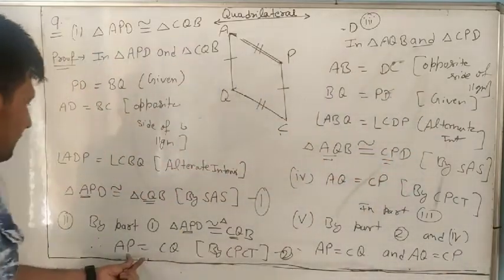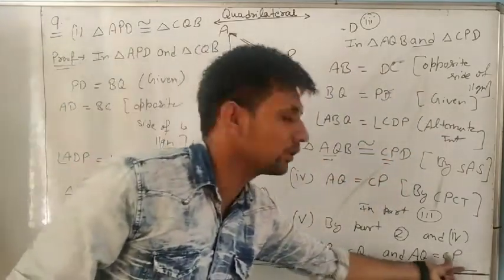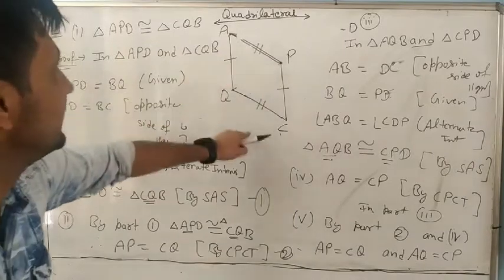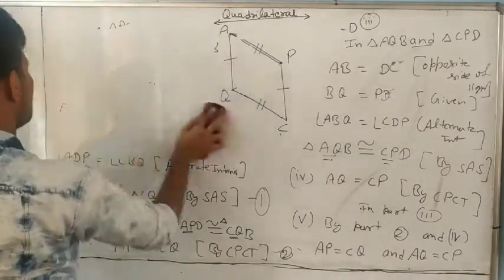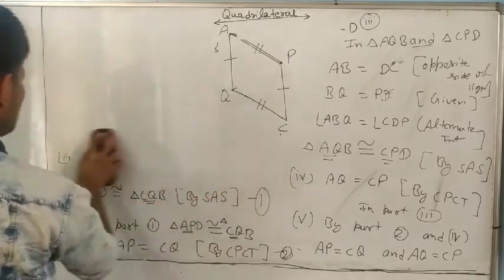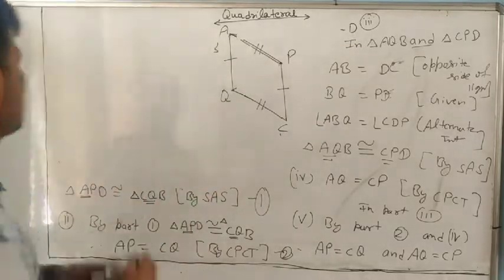We will write only the second part: AP equals CQ and AQ equals CP, and it means these are opposite sides, so directly you can write.